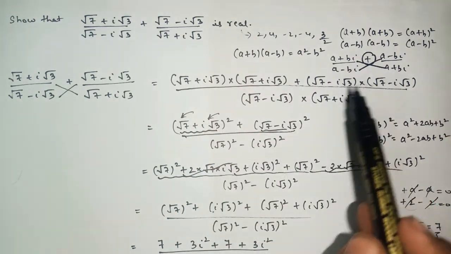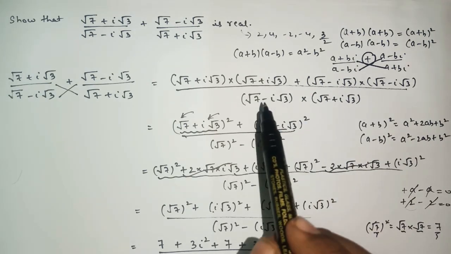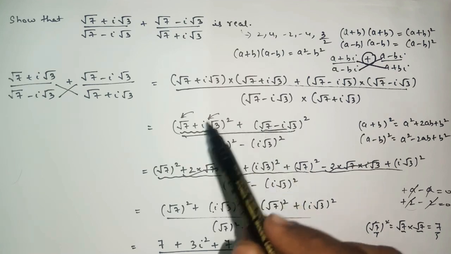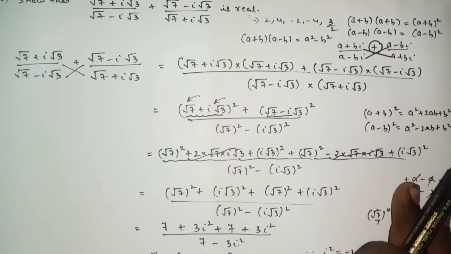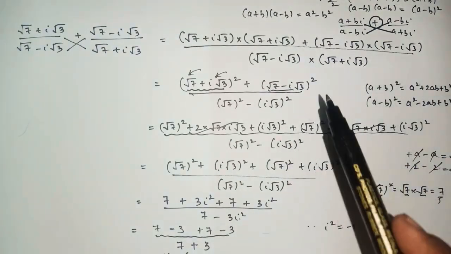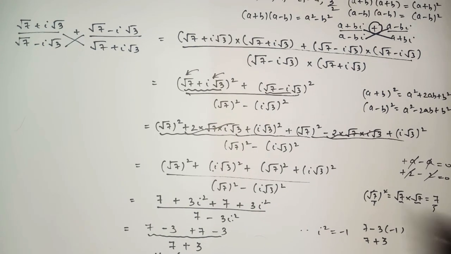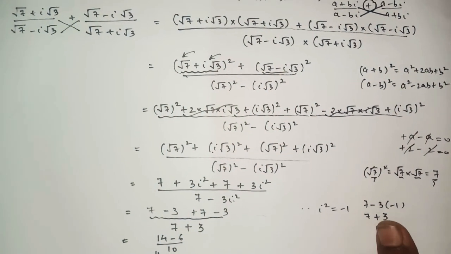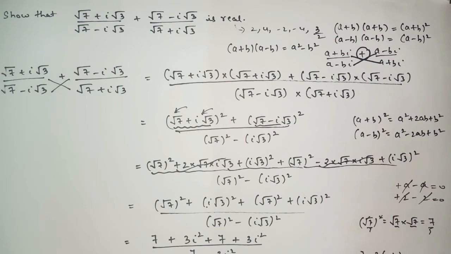A minus b, a minus b we can write as a minus b the whole square, and a minus b, a plus b we can write as a square minus b square. Simply apply the formula, see the like terms, cancel the like terms with the opposite pair. Then substitute the value of i square wherever you see, and find your answer. So in this way you can find your answer.